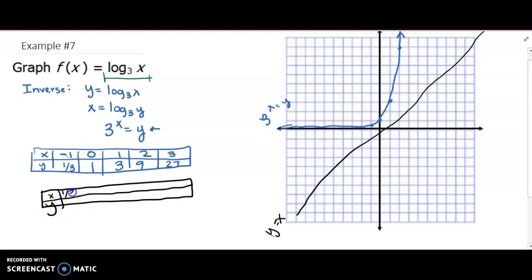So if my x is 1/3, my y is -1. If my x is 1, my y is 0. If my x is 3, my y is 1. If my x is 9, my y is 2. And if my x is 27, I know I can't graph that out from here, it's 3.